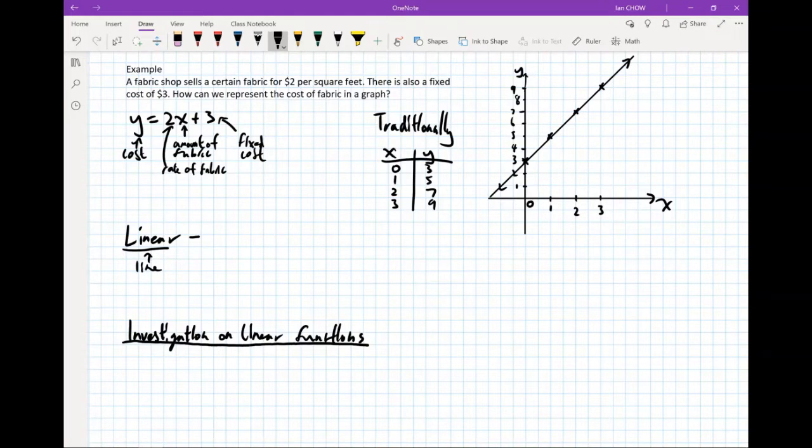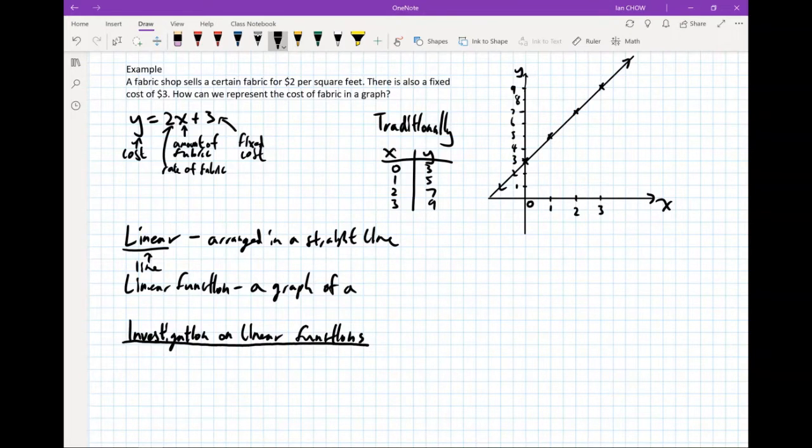So linear means arranged in a straight line. And so when we put linear together with function, linear function means a graph of a straight line.